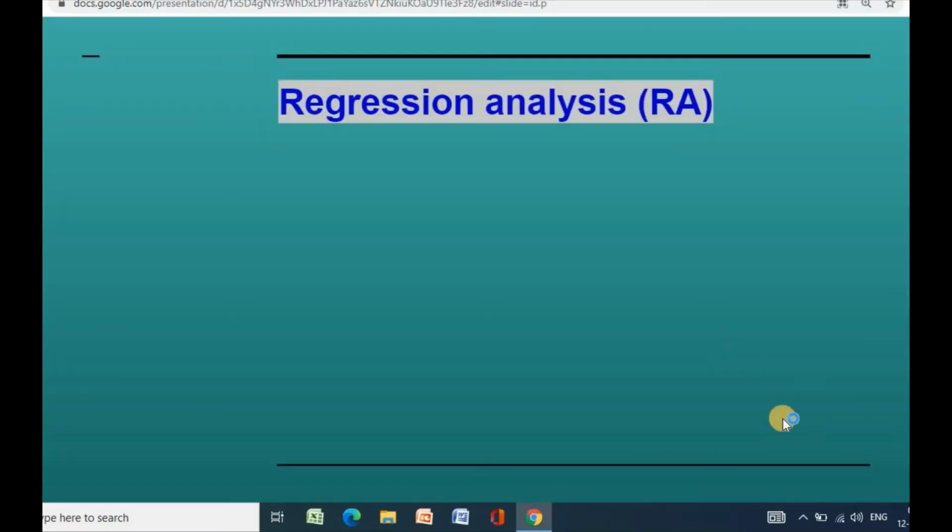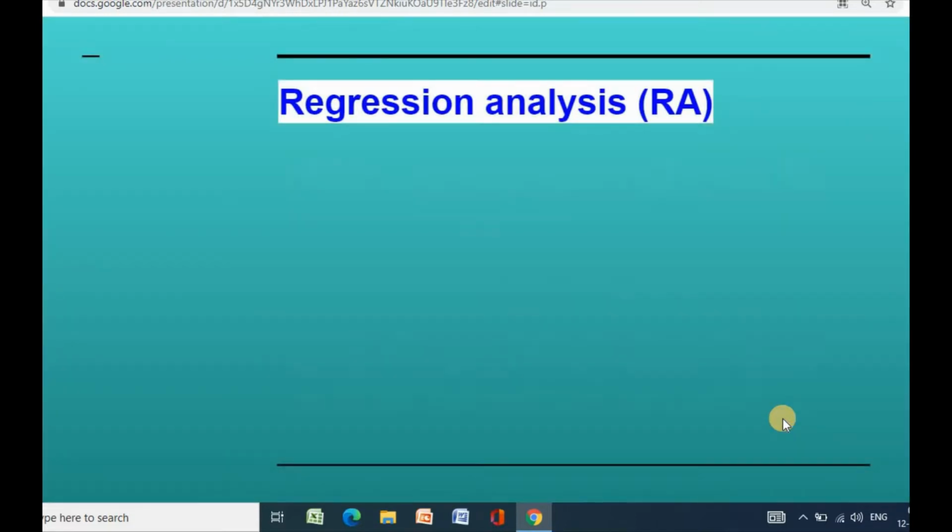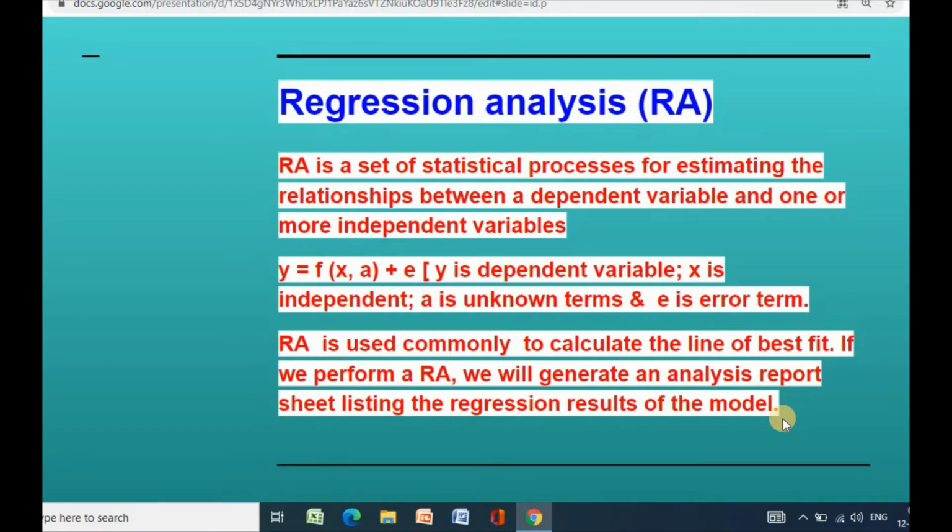Well, error analysis is primarily done with regression analysis. Regression analysis is a set of statistical processes for determining the relationship between a dependent variable and one or more independent variables.